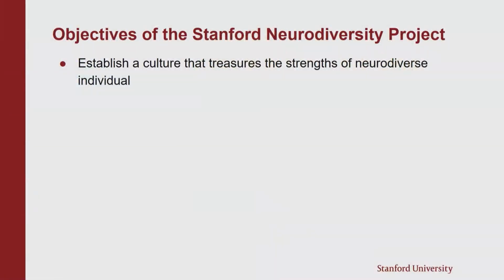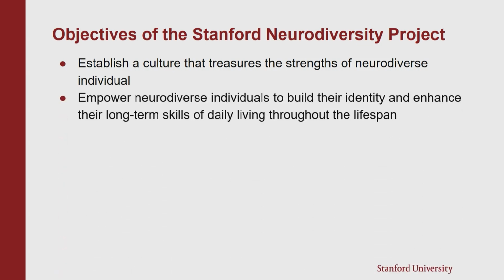And there are 6 objectives. The first thing is the most important thing. We want to help students that are neurodiverse, but before they come to Stanford, we want the environment to be ready for them. So we want to establish a culture that treasures the strengths of neurodiverse individuals.